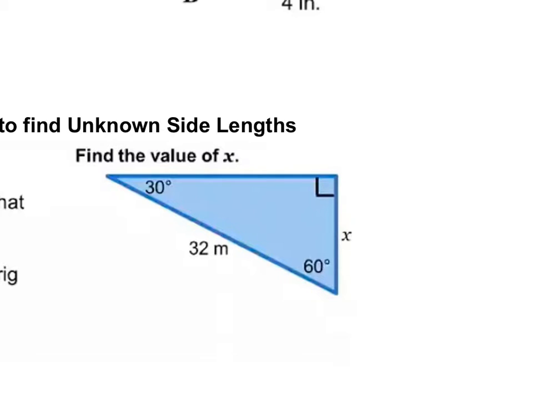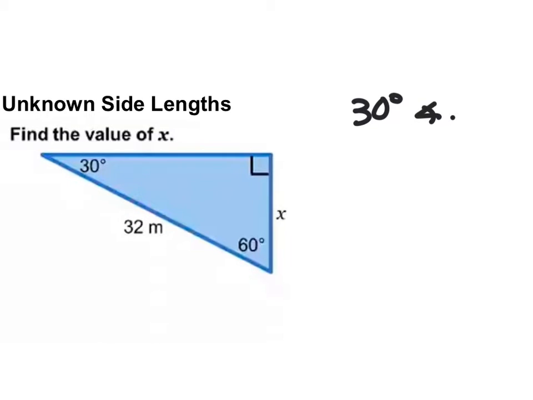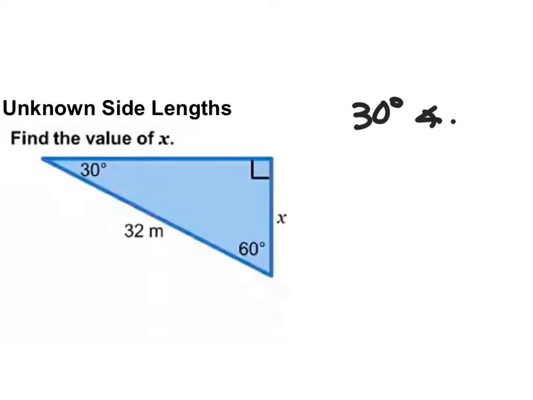So let's use the 30-degree angle. Looking at the 30-degree angle, right here, this length is my hypotenuse. This length over here is my opposite side, and this is my adjacent side.